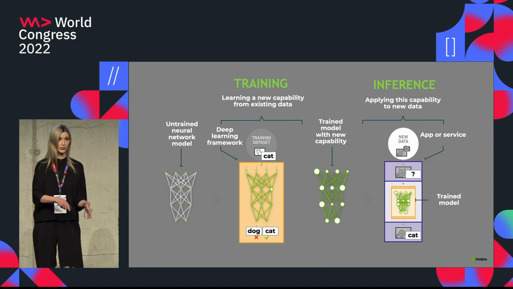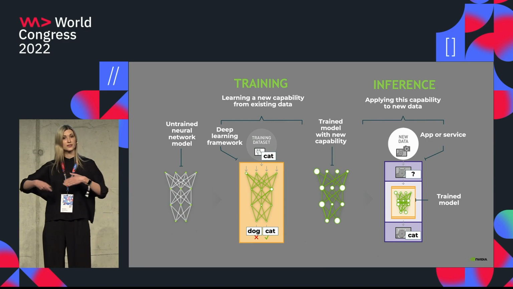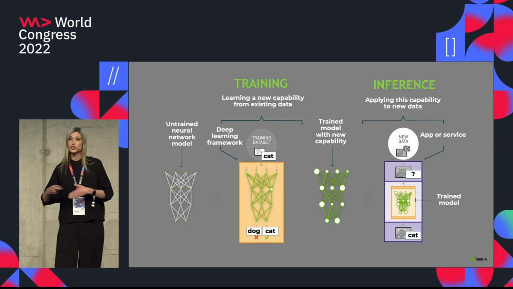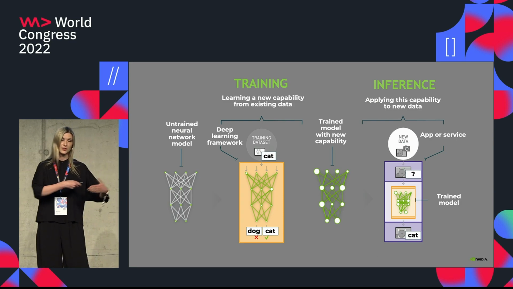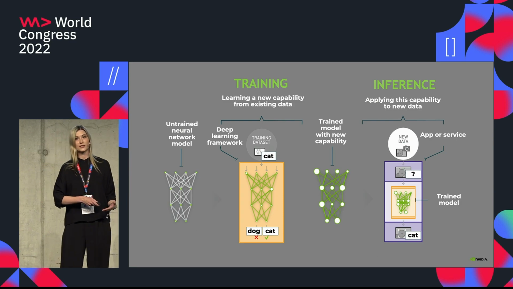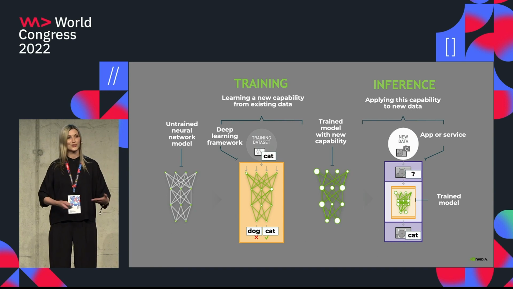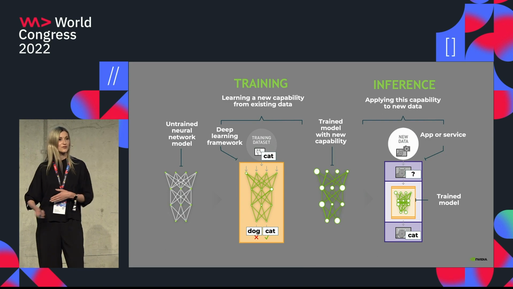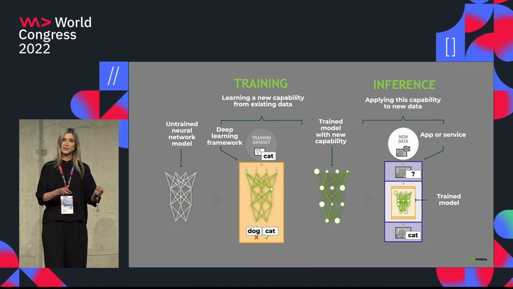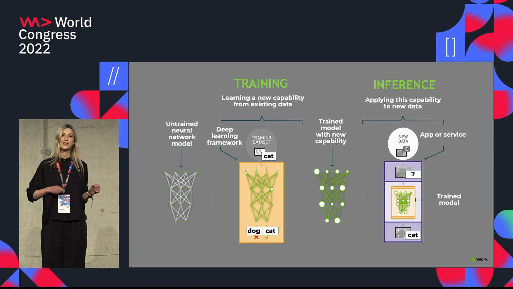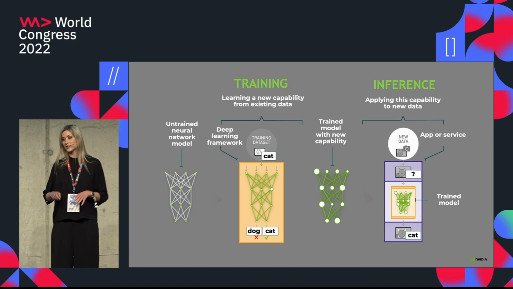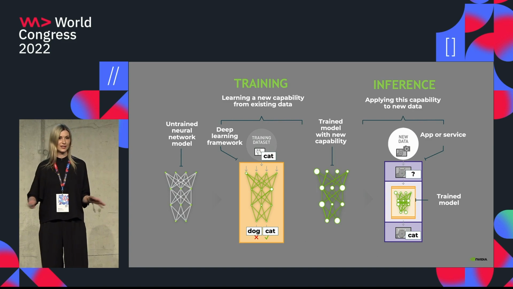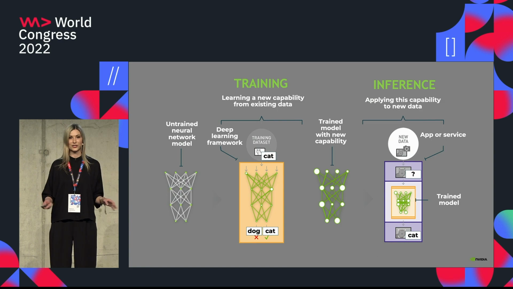This process is called deployment. Then when we are using this application, we show some new data to our network, and we hope that it will predict the values which we want it to predict. For example, if we show an image of some new cat to our network, we still expect it to tell us there is a cat in the image. So this is the deep learning training and inference process in a nutshell.